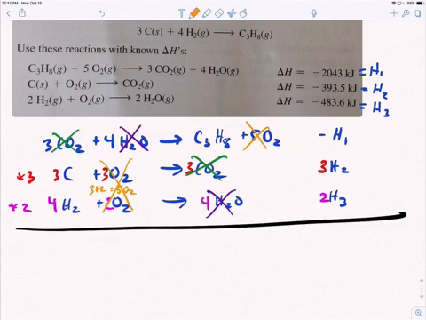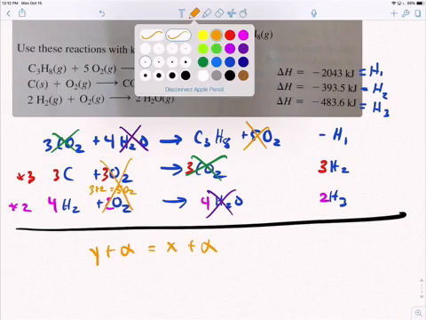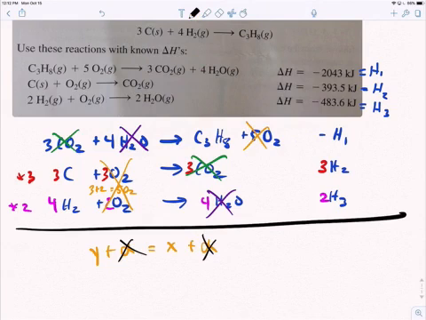Imagine if I have y plus alpha equals x plus alpha. You can just cancel those, right, in an algebraic equation. So if you see each side, 3 plus 2 oxygens, 5 oxygens cancel with these 5 oxygens. These 4 waters cancel these 4 waters, 3 CO2s cancel with these 3 CO2s. That's what I'm doing there.